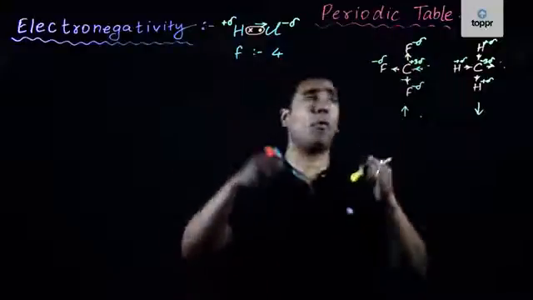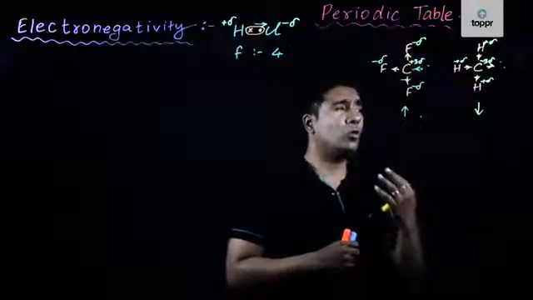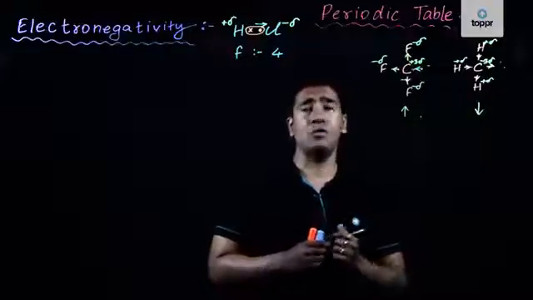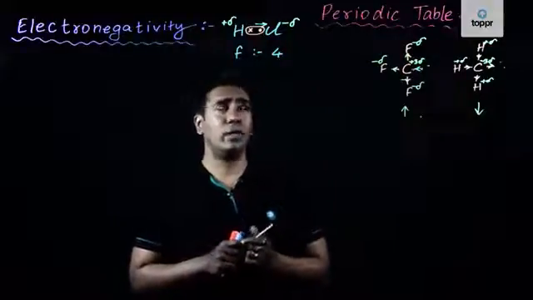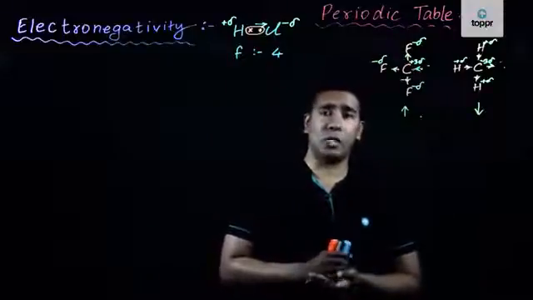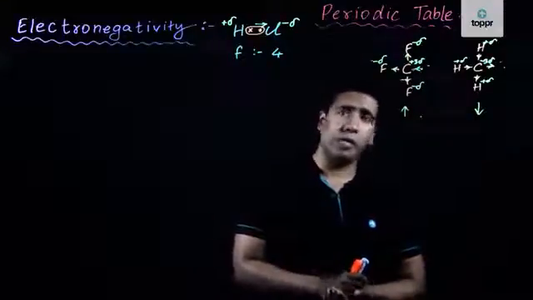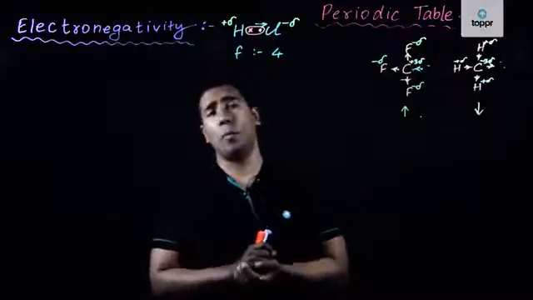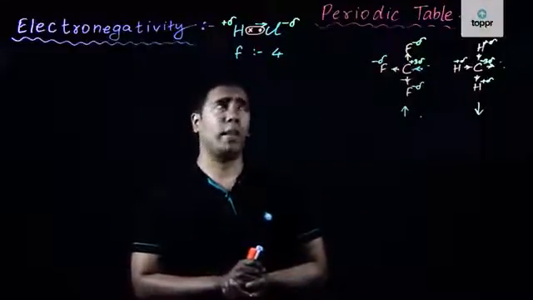So this was exactly the point that I was trying to explain to you. Now, as you can surely understand, the electronegativity concept is exactly the same as the concept of non-metallicity, and it is exactly the opposite to the concept of metallic behavior.